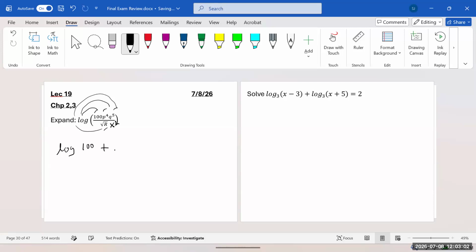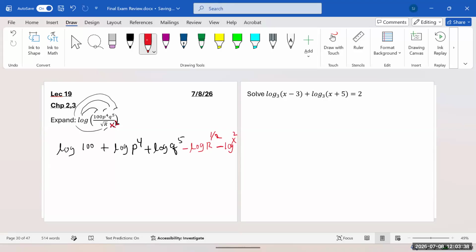Log 100 plus log p to the 4 plus log q to the 5, and then minus log r to the 1/2. You have to convert the radical into exponent. And then for x square, minus log x square. So everything on the denominator gets the minus, everything on the numerator gets the plus.